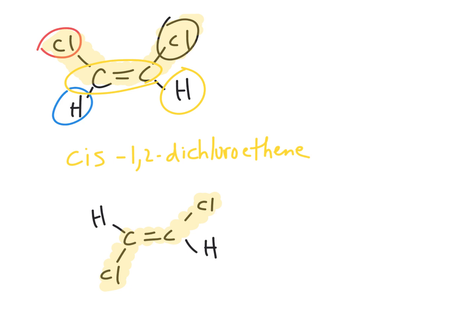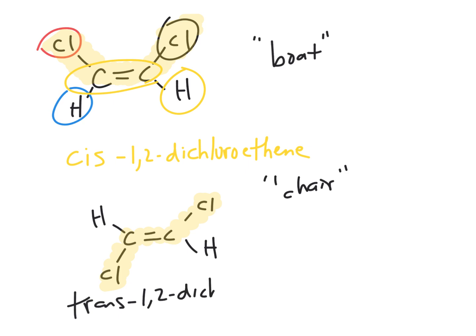Sometimes they call this the boat, okay? And they call this the chair. I don't know if you see that or not. It's a bit like a chaise lounge or something. But this would be called trans 1,2-dichloroethene, sorry.